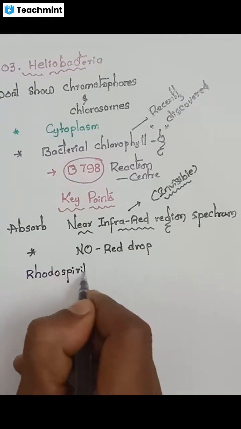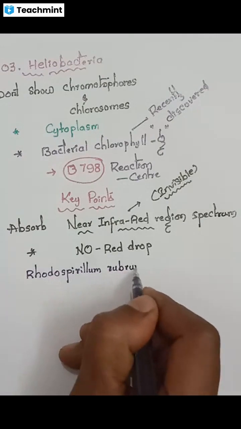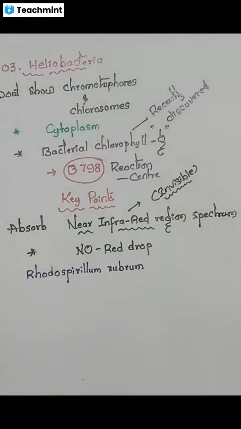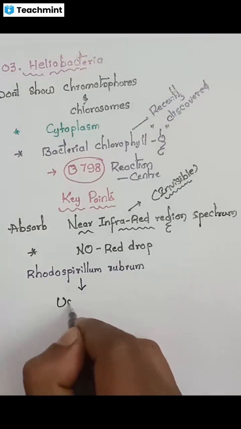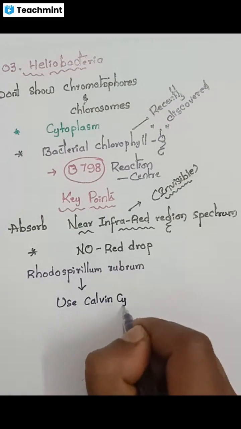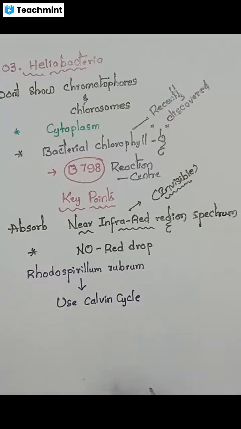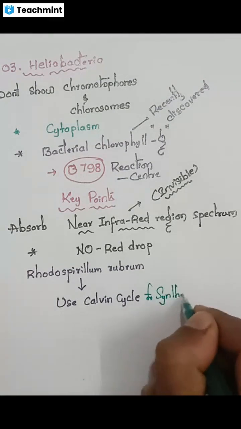And next one, Rhodospirillum rubrum. The bacterium Rhodospirillum rubrum uses the Calvin cycle to synthesize carbohydrates.